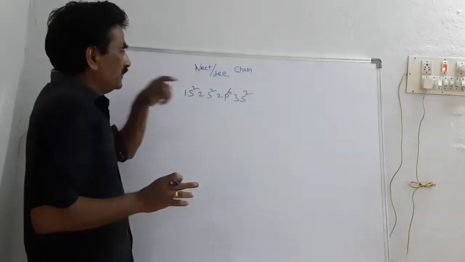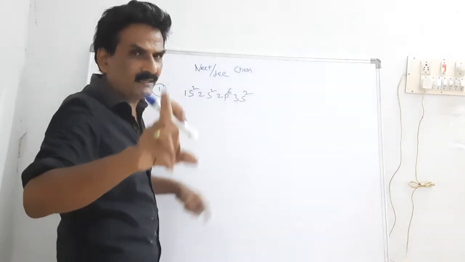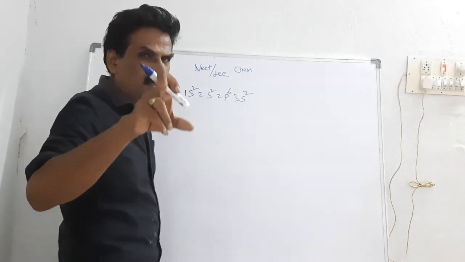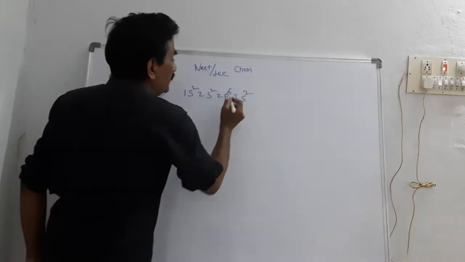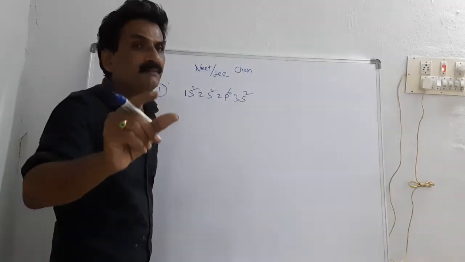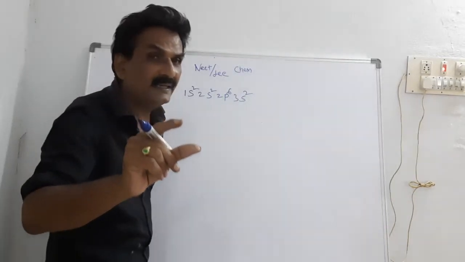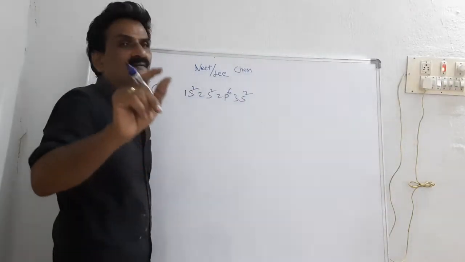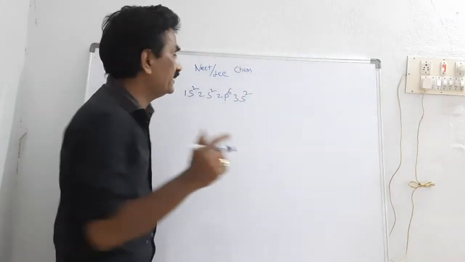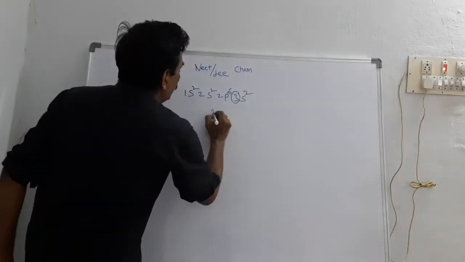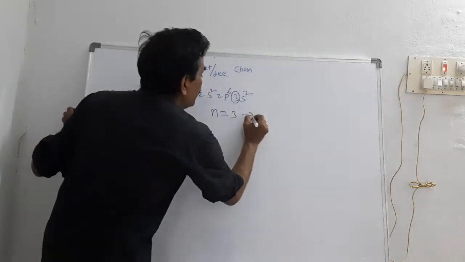If it is an s block element, here is the trick. If you want to calculate the group number and period number, the maximum principal quantum number indicates the period. Here it is 3, so n is equal to 3 indicates the period.